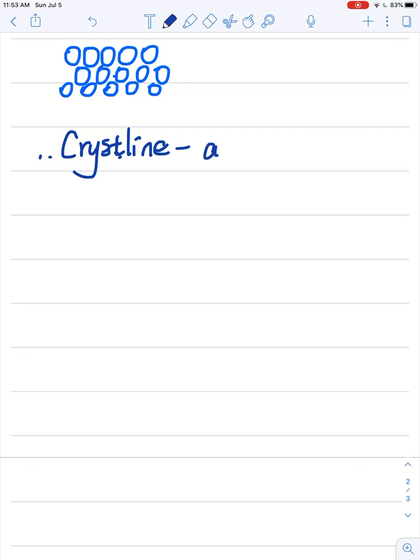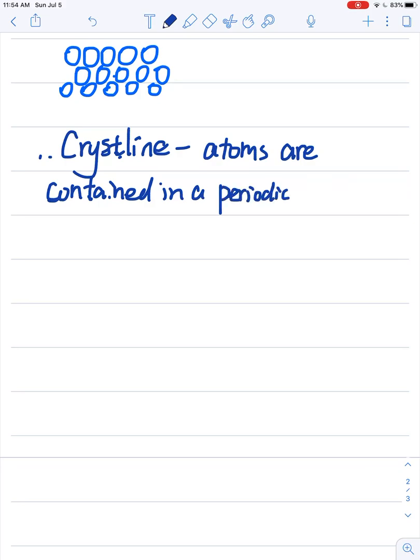Its atoms are contained in a periodic array.